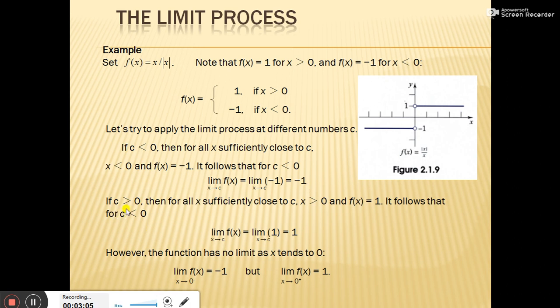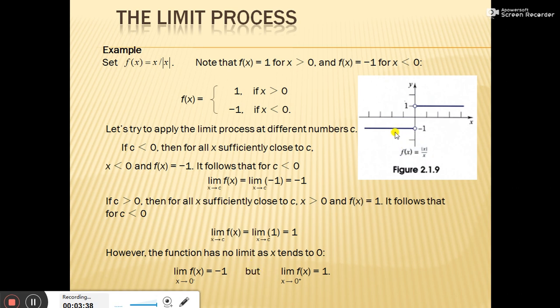And if c is greater than 0, when x is sufficiently close to c, f(x) is equal to 1. And therefore limit x tends to c positive f(x) is equal to 1. As you see, the left hand limit we have minus 1, right hand limit we have 1, and both the values are not equal, and therefore this limit does not exist.